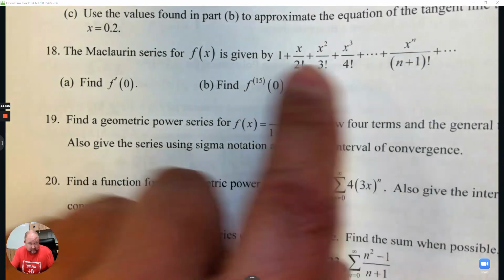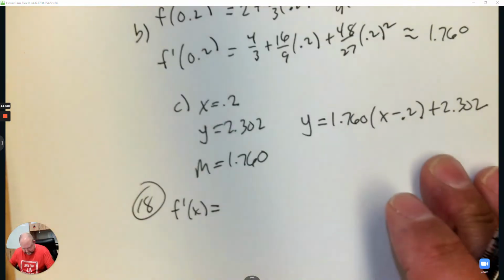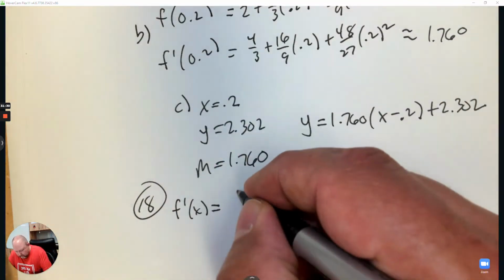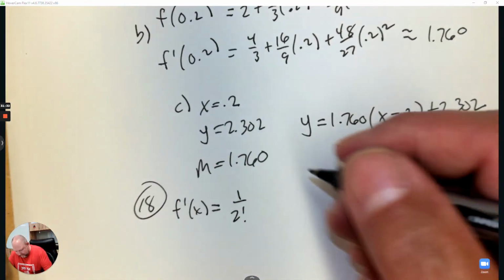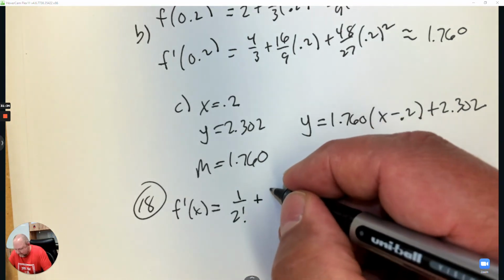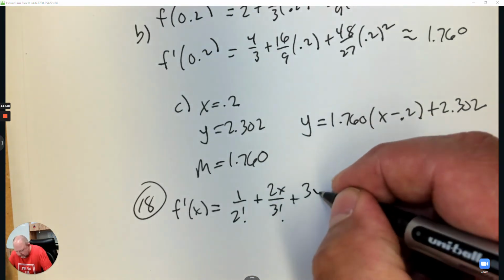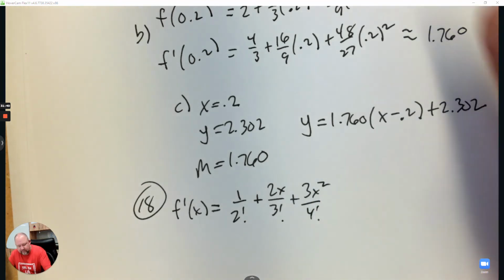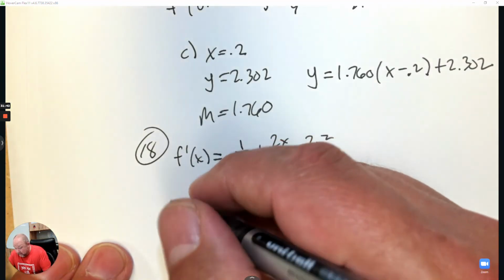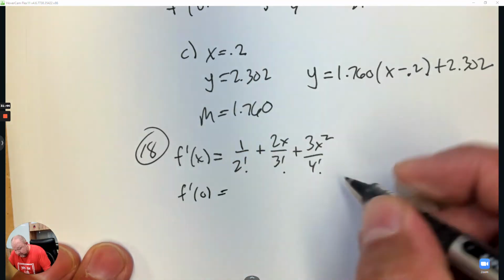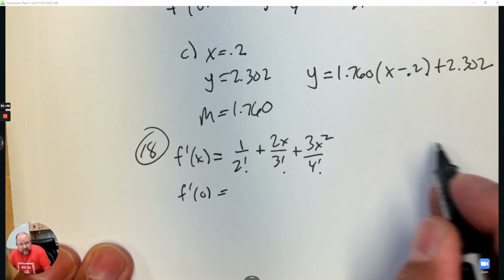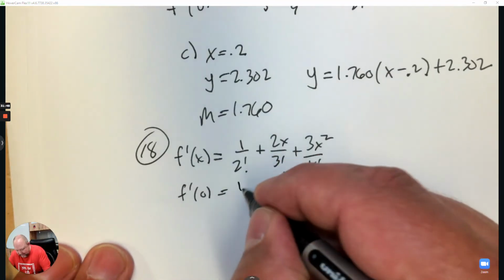The denominators are just going to stay the same when you do the derivative. So it'd be 1 over 2 factorial, which is 1/2. But the pattern, 2x over 3 factorial, 3x squared over 4 factorial, and so on. If I want to know what the derivative at 0 is, all of this is 0, whatever I keep going. So the answer would just be 1/2.